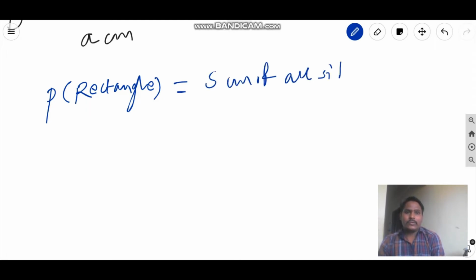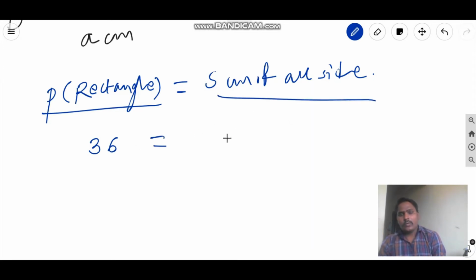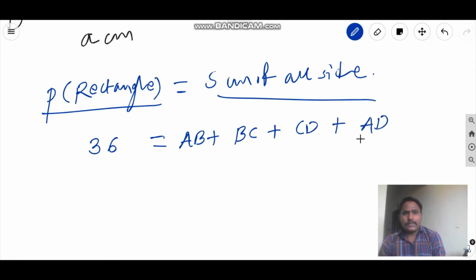So what are the sides here? The perimeter is already given, it is 36, equal to the sum of all sides. The sides are AB plus BC plus CD plus AD. These are the four sides. Now we know that AB is equal to CD, and AB and CD are nothing but a.